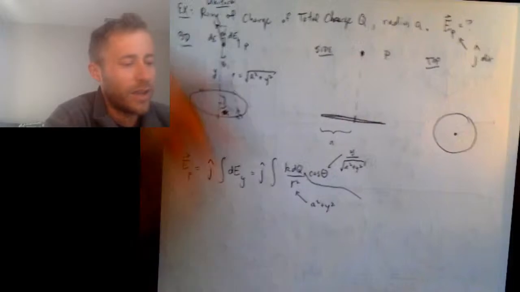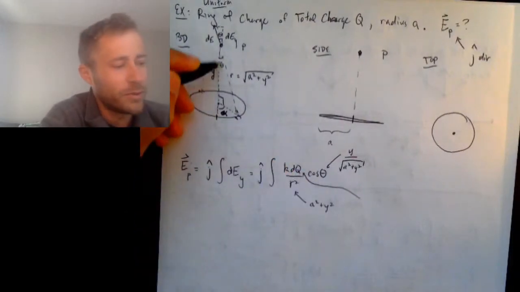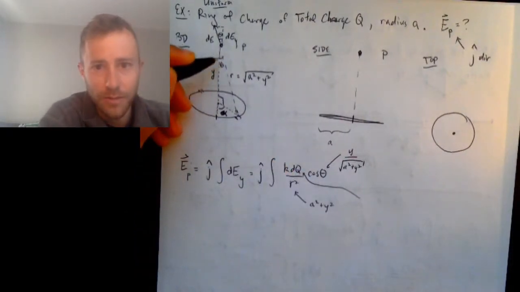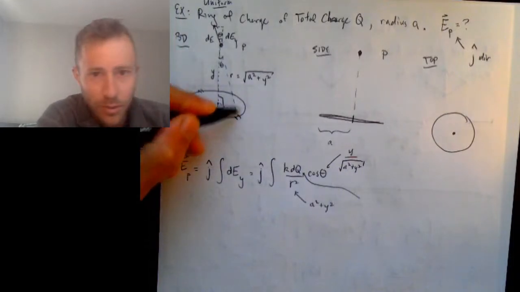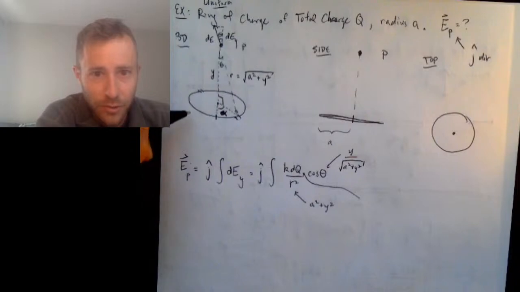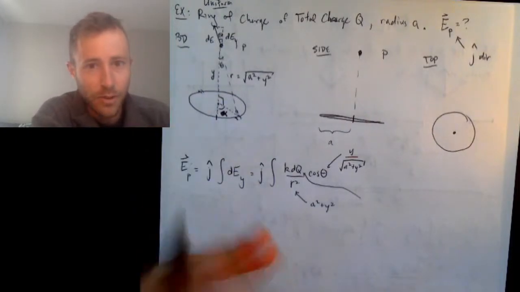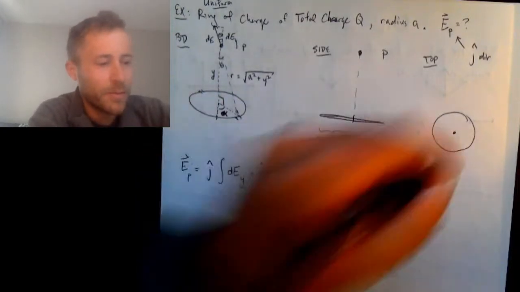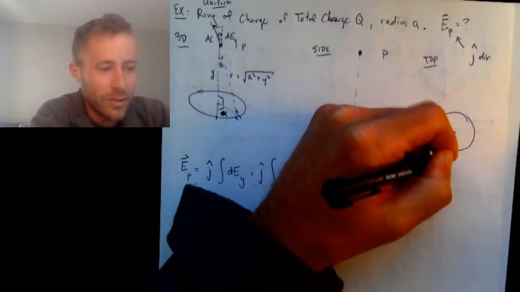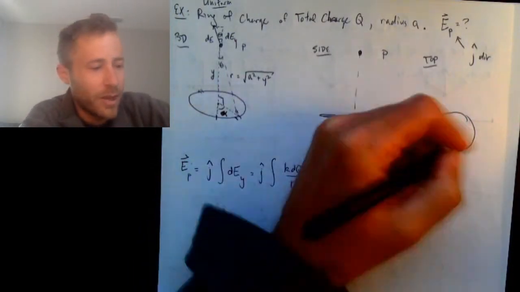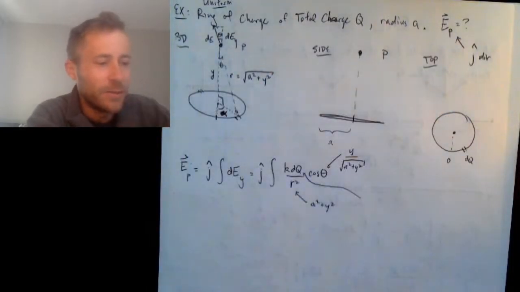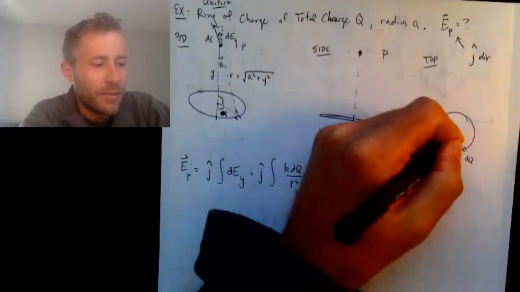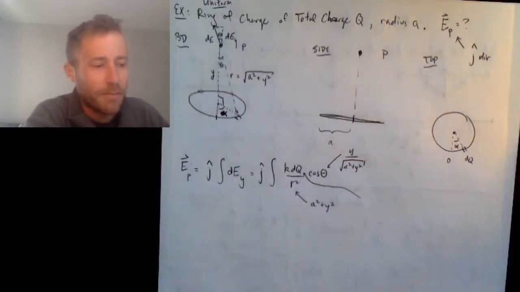We have this angle that we need the cosine of, which is defined up here. But then we also have the angle for position on this circle. So we need two different angle variables. That's why I'm calling that alpha. In other words, here is alpha equals 0, and then we have our little bit of charge here, dq, and it makes some angle alpha like that.